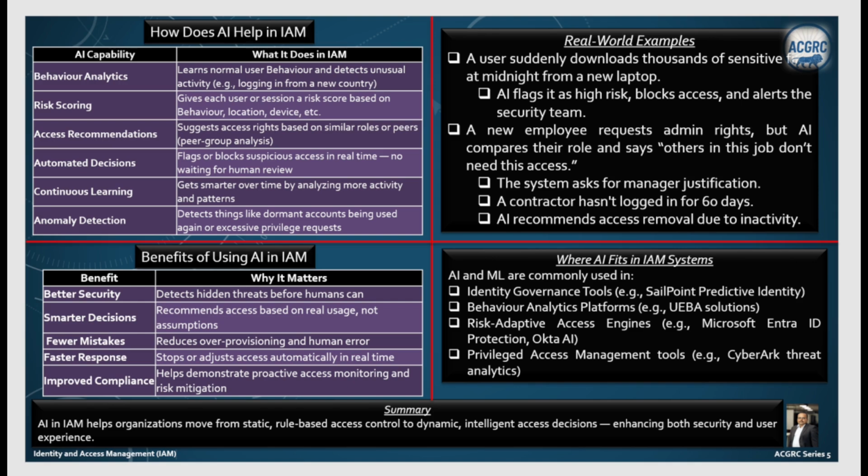Well, AI and ML are commonly used in identity governance tools, behavior analytics platforms, risk adaptive access engines, or privileged access management tools. In summary, AI in IAM helps organizations move from static rule based access control to dynamic intelligent access decisions, enhancing both security and user experience.